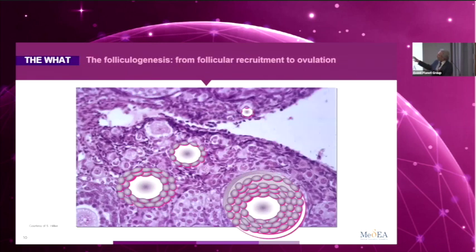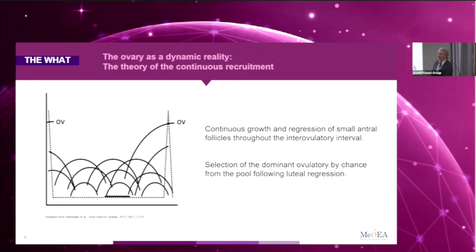This is a histological representation of different follicles at different stages, from primordial up to dominant graafian follicles. And how does folliculogenesis work? There are two theories. One theory is that we have a continuous, random, independent movement of follicles, and from this pool of continuously moving follicles, there is the selection of dominant ovulatory ones by chance.